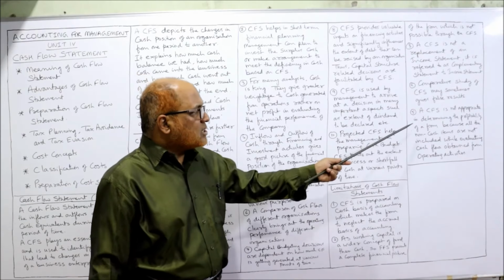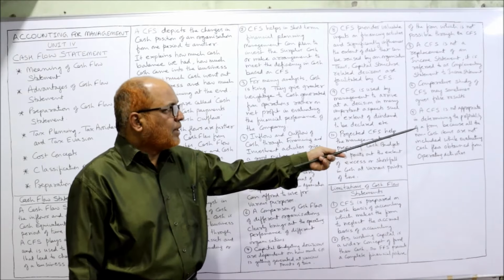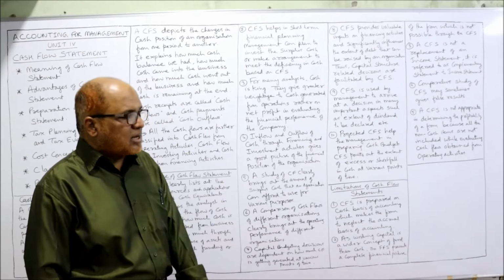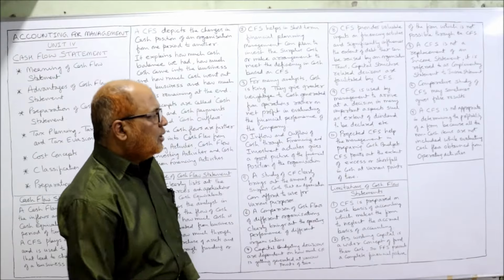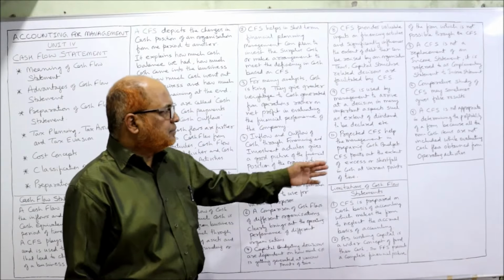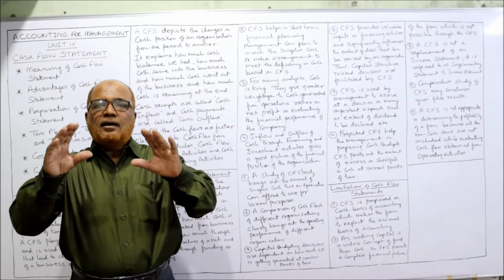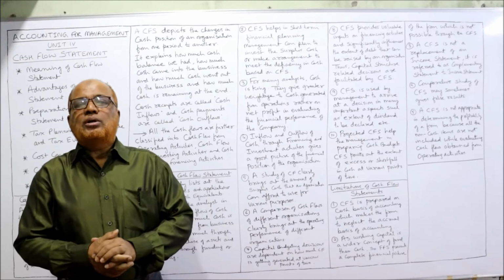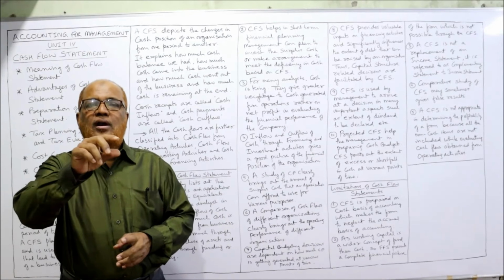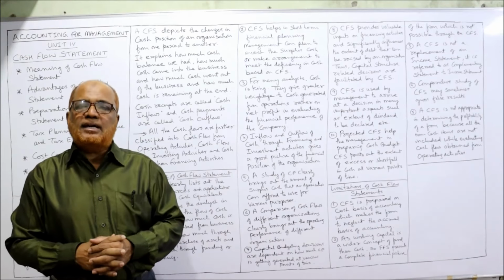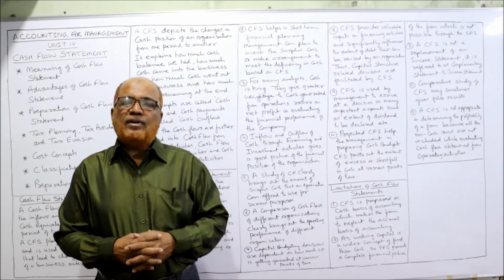Last one, a cash flow statement is not appropriate in determining the profitability of a firm, because all the non-cash items are not included while evaluating cash flow obtained from operating activities. See, the cash flow statement will not show the profit. Whatever cash flow from operating activities, that is not the profit.